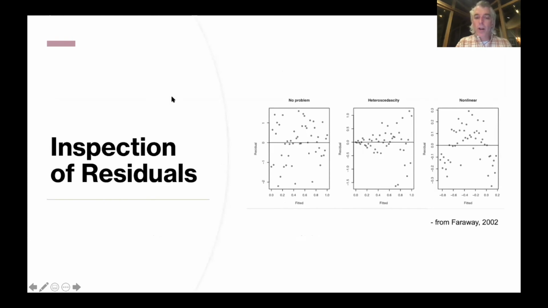So when we plot our residuals against our fitted values from a model, what we want to see is a cloud of data points with no particular pattern and no particular shape, other than perhaps an ellipse.